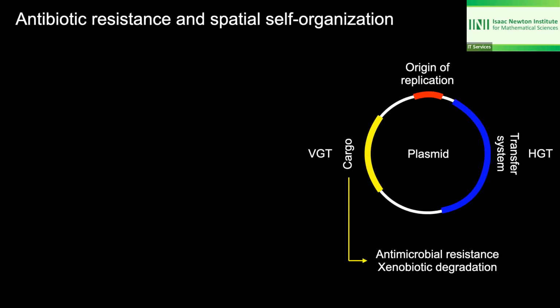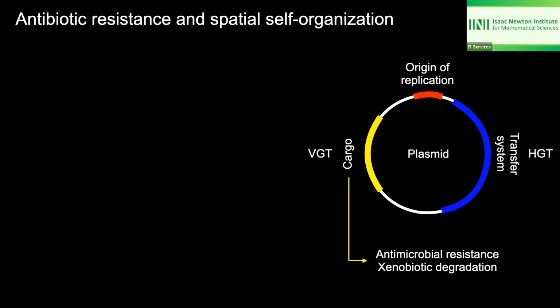So we think plasmids are pretty cool. I don't think we really need to introduce what plasmids are. You probably already know. But they're pretty cool in that they encode machinery that helps with both their vertical gene transfer and their horizontal gene transfer. So of course, they're little circular pieces of DNA that are extra chromosomal. They have their own origin of replication.